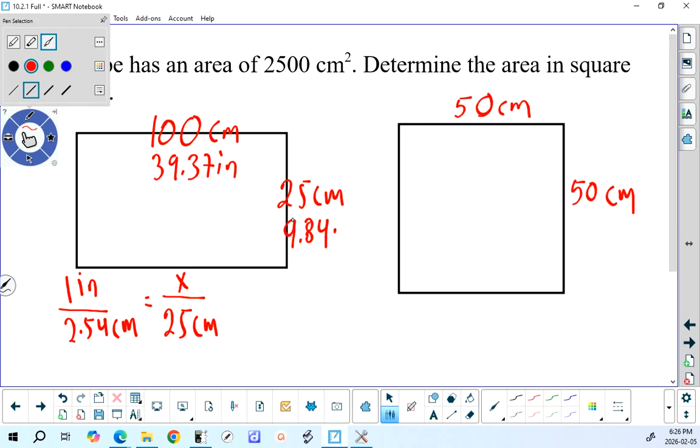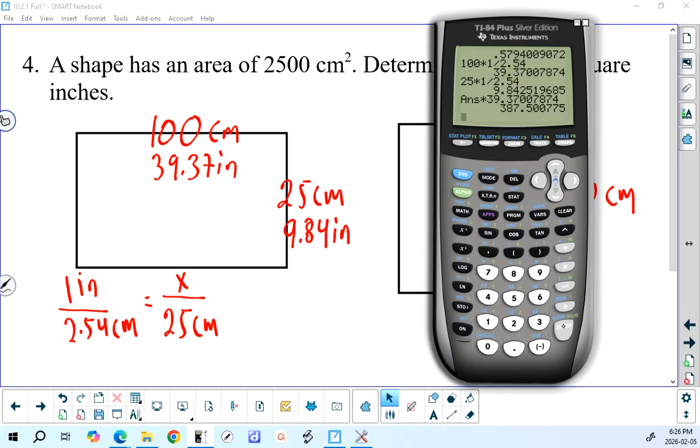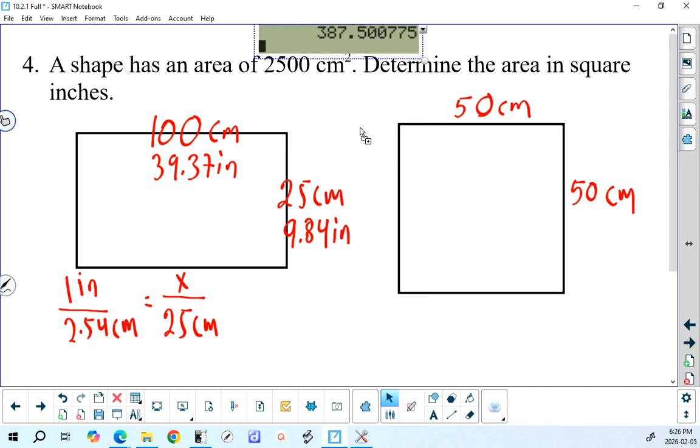And then to find the area, you're going to multiply the inches by the inches. So I'm going to take that and multiply by this, and this is the answer I get. You get 387.50075.